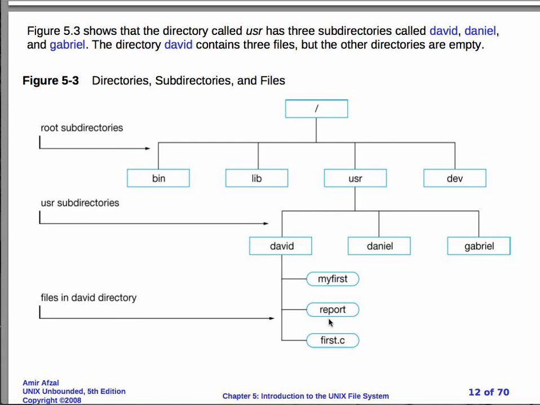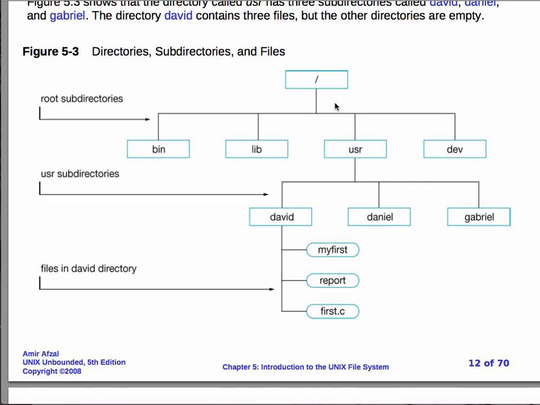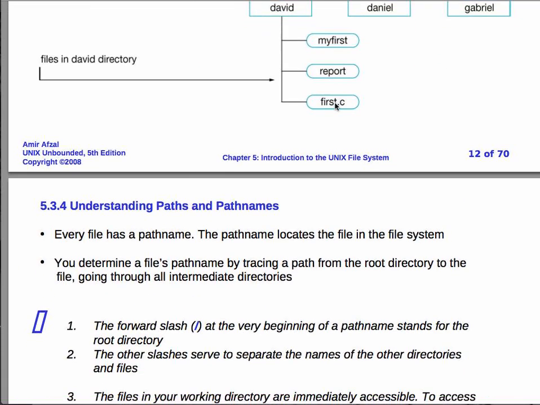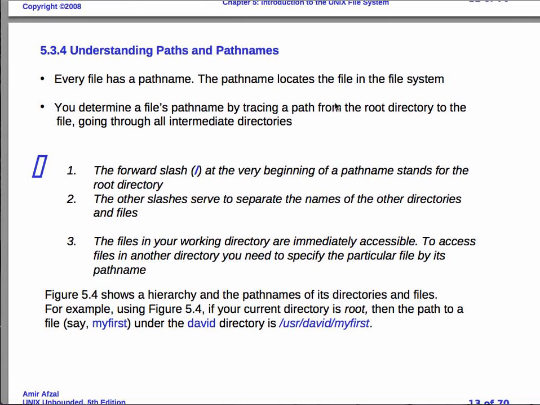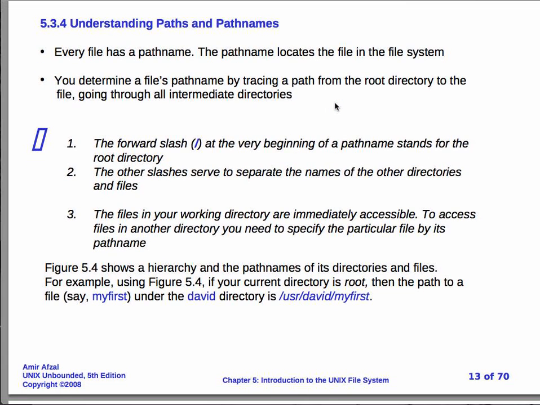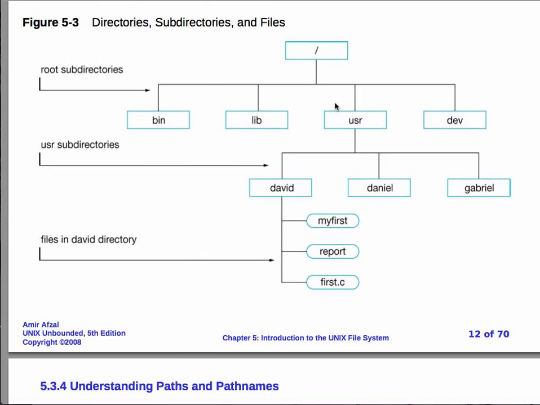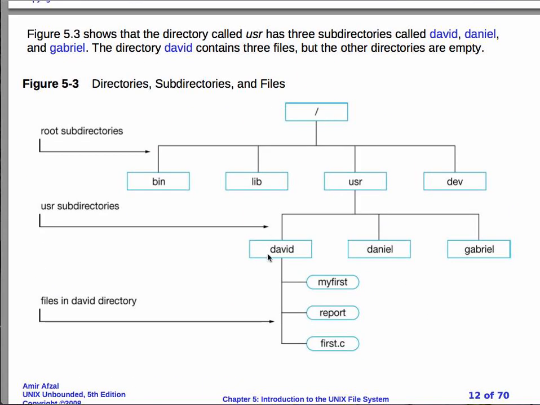So the number of levels is not important. Well, it is important. I mean, you can have any number of levels. There's no limit to the number of levels. And you can have a unique path name. So for example, what does that mean? That means you can have a file called report in the Daniel directory, or the Gabriel directory, and we do have a file called report in David.